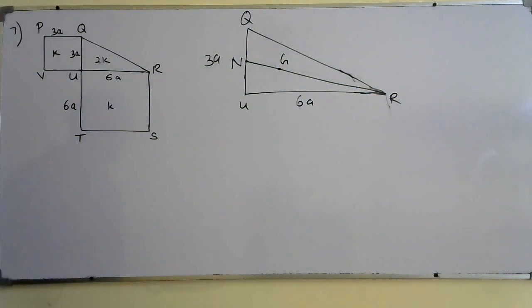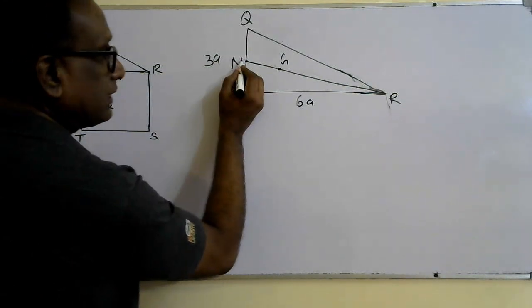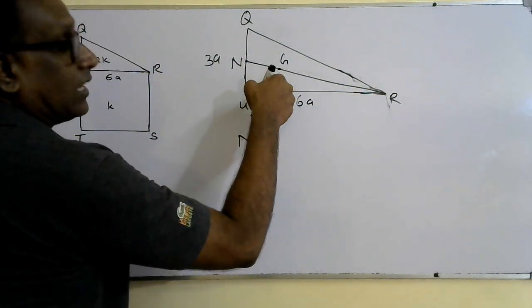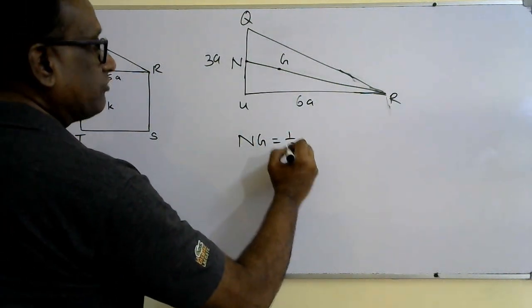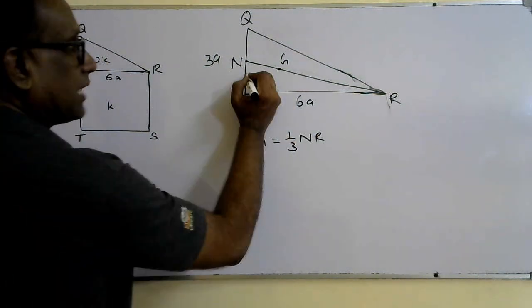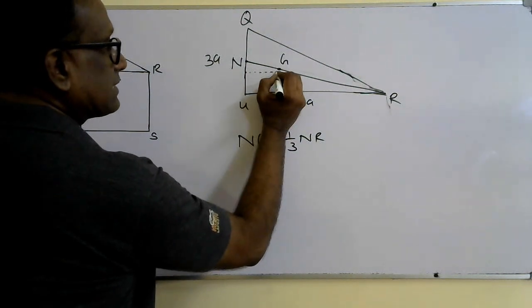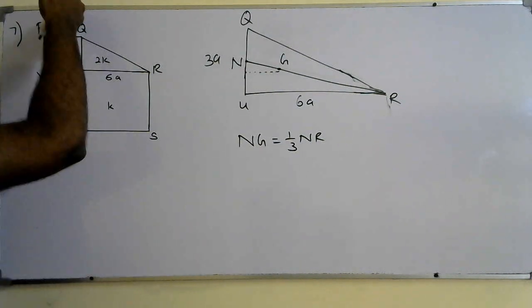So how do we find the distance of this center of mass G from N? It is 1/3 of NR, that means NG, the center of mass of the right angle triangle from N, is 1/3 of NR. But what's the distance of the center of mass from here, this horizontal distance? How much is this one? That means I need to find the center of mass about the line QT.